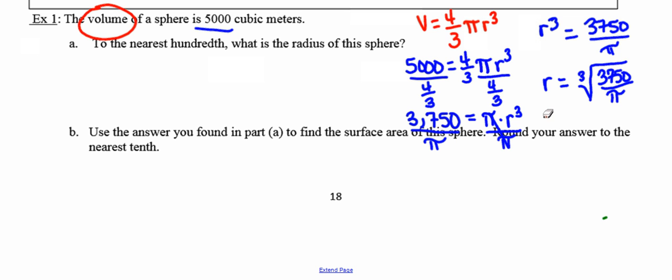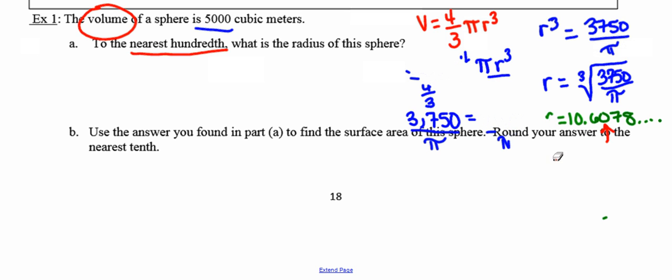So the radius here is going to be 10.6078, and then some other things that come after. But since they want me to round to the nearest hundredth, I really need to focus in on that place right there. To the nearest hundredth, my radius is going to be 10.61.